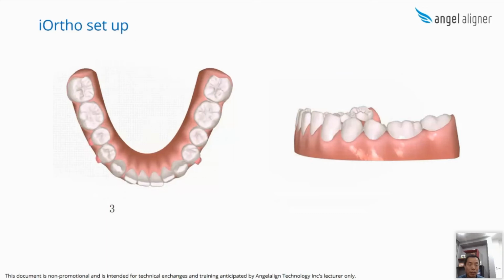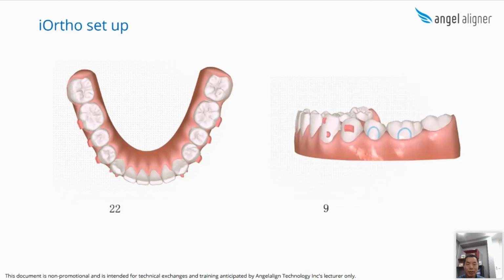Let's see, I also set up, we can see we design a cutout for the button. This is a cutout for the elastic.